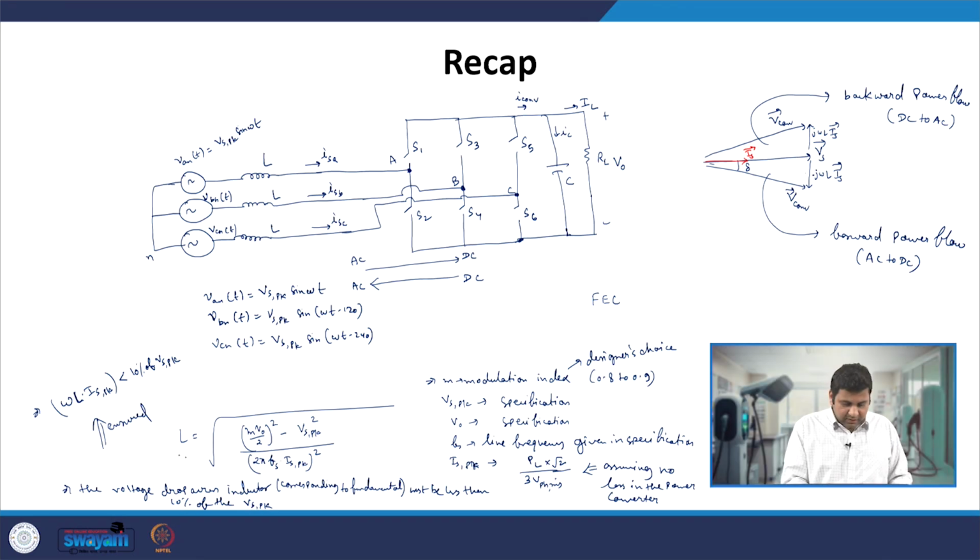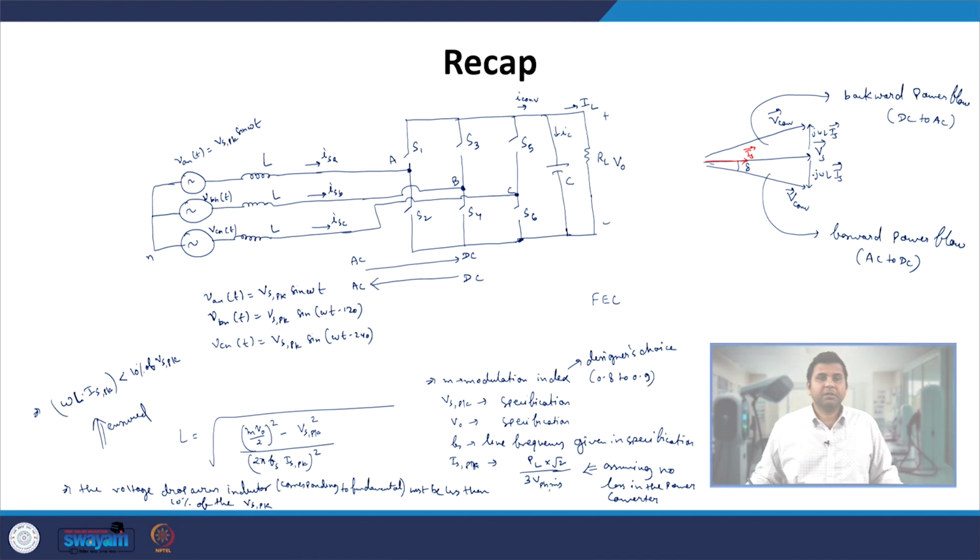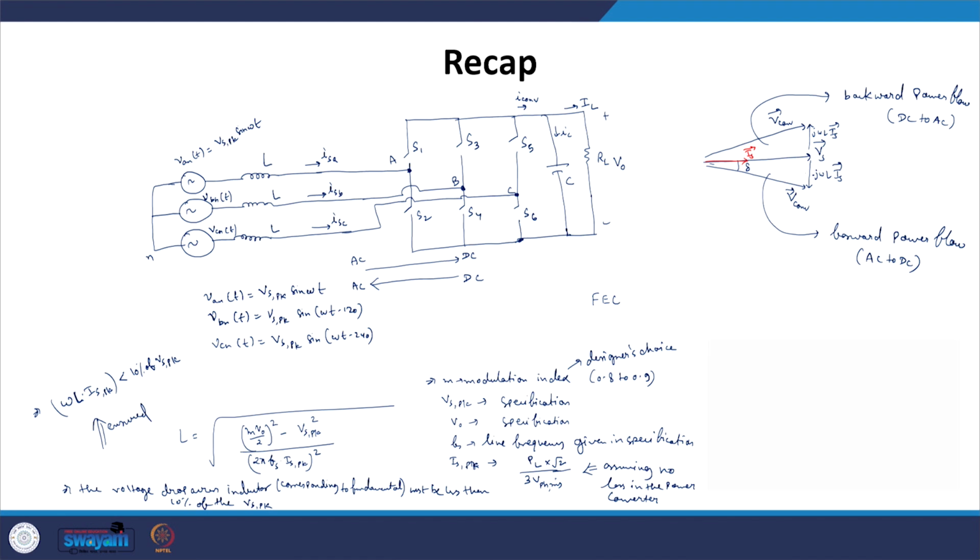Once we calculate the inductance value, we have to ensure that the voltage drop across the inductor for the fundamental component should not be greater than 10% of the Vs peak, because otherwise most of the voltage will drop across the inductor itself, against the inductor impedance corresponding to the line frequency of 50 Hz.